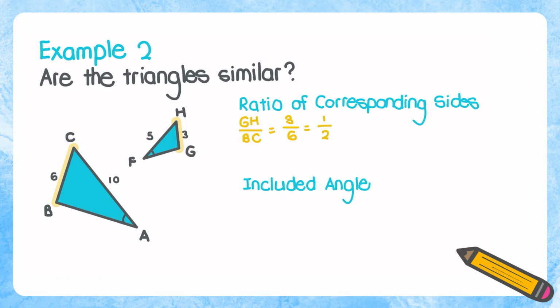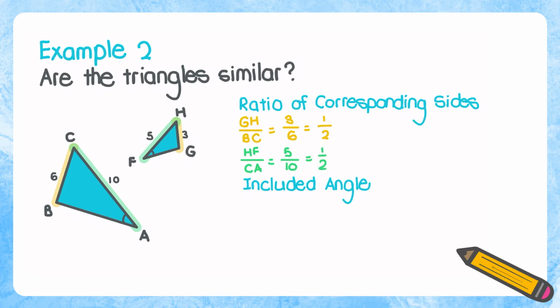We're given another pair of corresponding sides, side CA and side HF. So let's set up a ratio for this pair. Side HF over side CA equals 5 over 10, which also simplifies to 1 over 2.